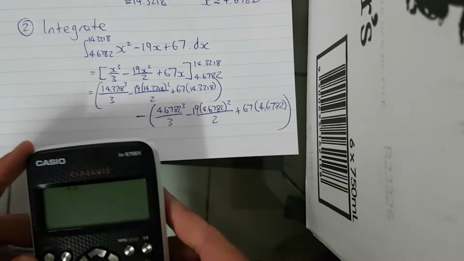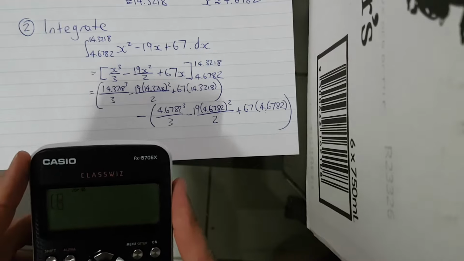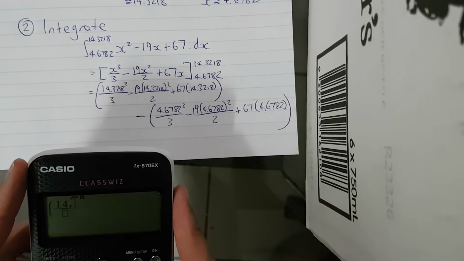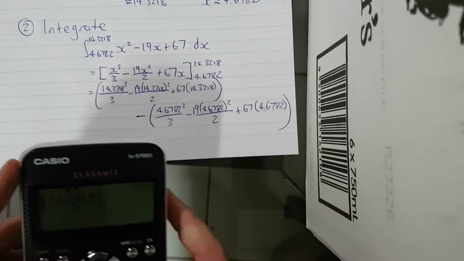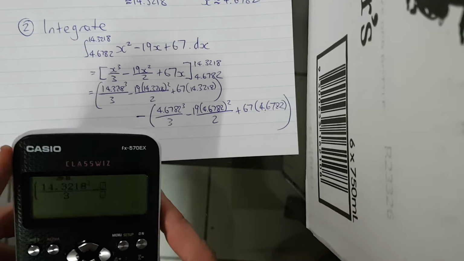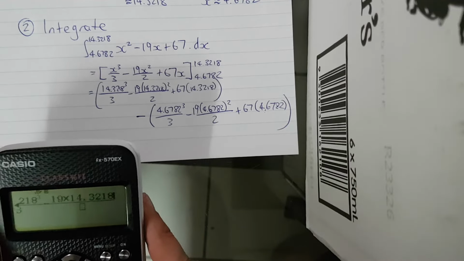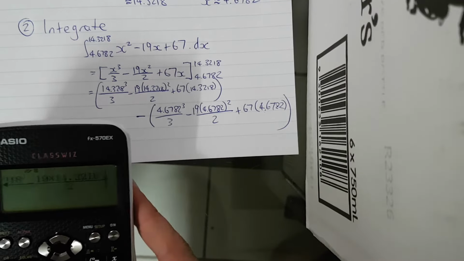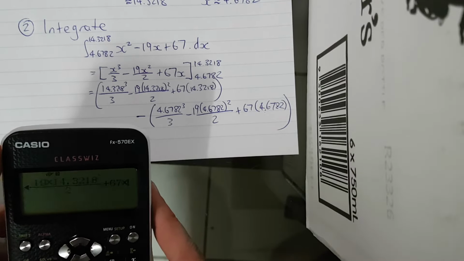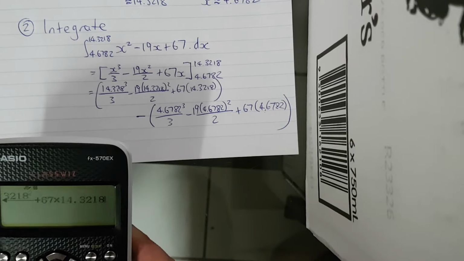So now we try and put that in our calculator. Big brackets: 14.3218 to the power of 3 over 3, take 19 times 14.3218 to the power of 2 all over 2, plus 67 times 14.3218. So that's that big bracket.